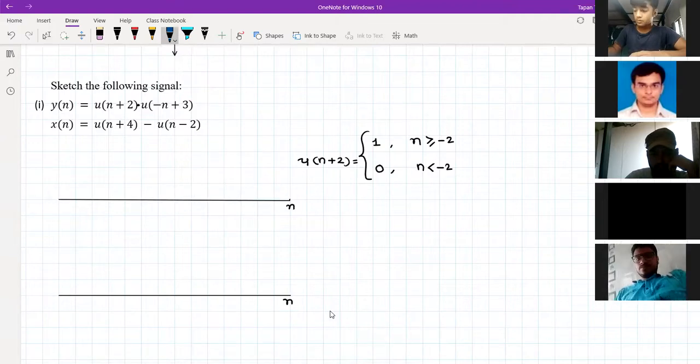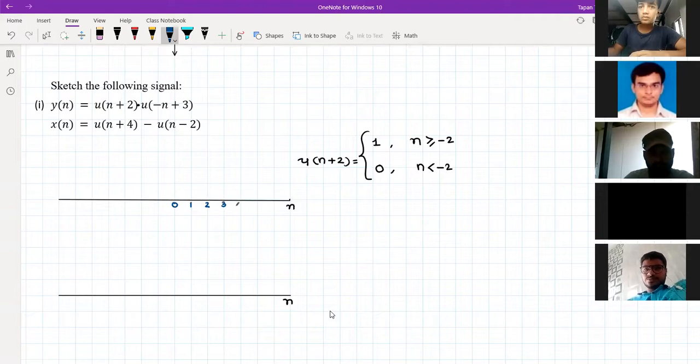Understand? So I will put 0 here, 1, 2, 3, 4. Similarly, minus 1, minus 2, minus 3, minus 4, and so on.